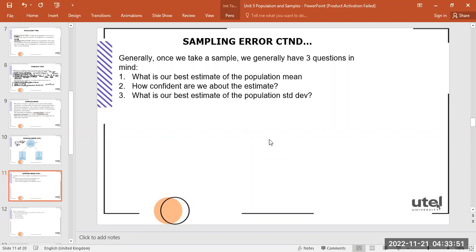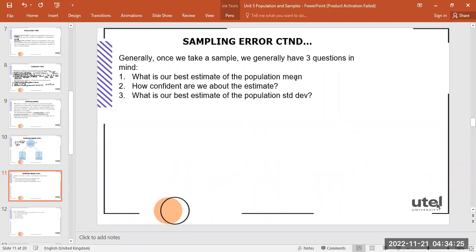Now, generally, once we take a sample, we have 3 questions in mind that we want to investigate. In other words, what is our best estimate of the population mean? You see, we have a sample, and we want to make use of the sample in order to draw conclusions or inference or make projections concerning the population.